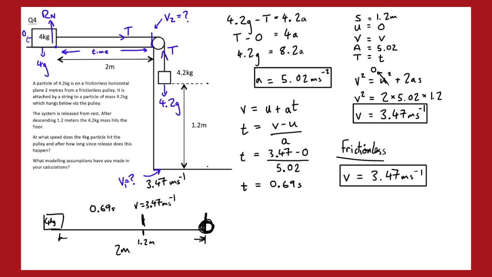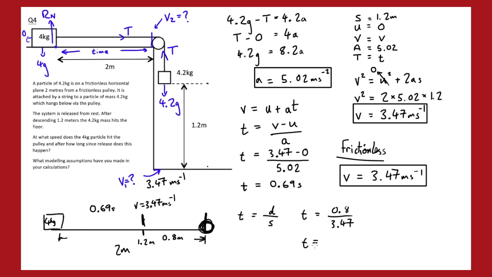So the final part of the question is to work out how long it's going to take to travel this final remaining 0.8 meters. And to do that, we just need to use that time is distance divided by speed. So very, very basic. The time is going to be 0.8 meters divided by 3.47, which is the speed.